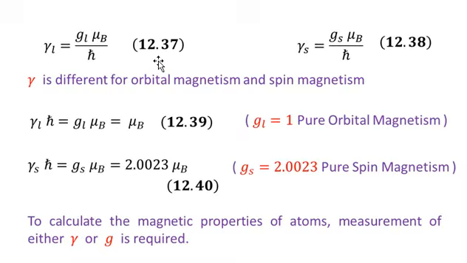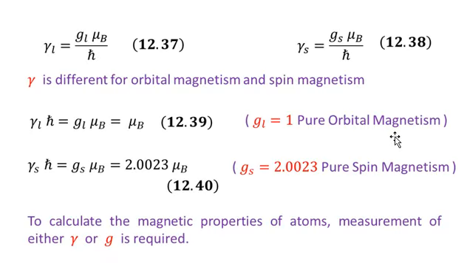We can also write equation number 37 in the following form: gamma L multiplied by H bar is equal to GL multiplied by mu B. And this becomes mu B provided GL is equal to 1. So GL will be equal to 1 for pure orbital magnetism.